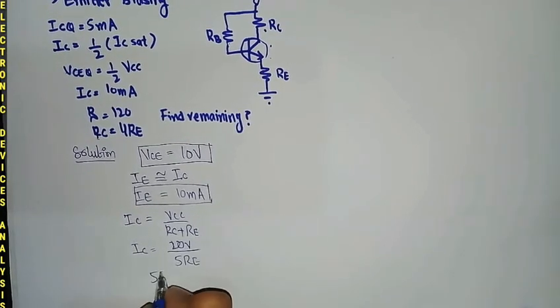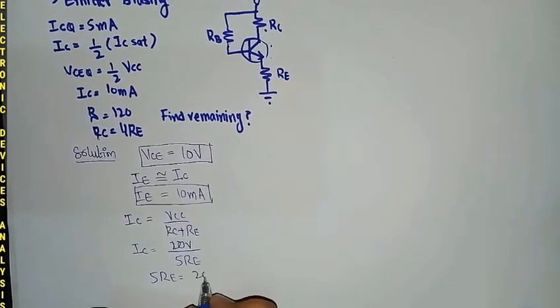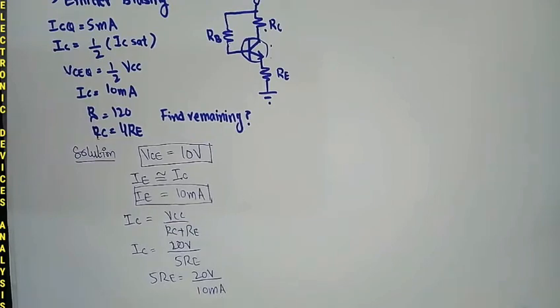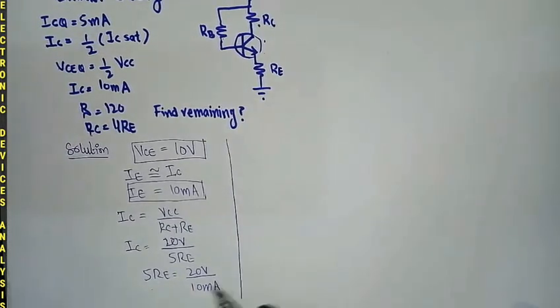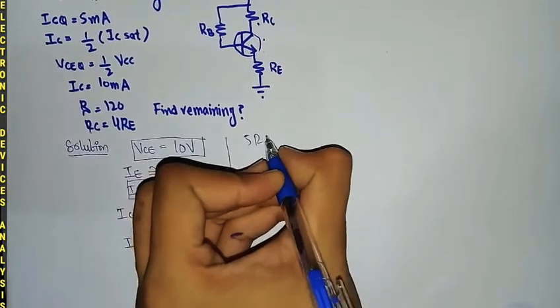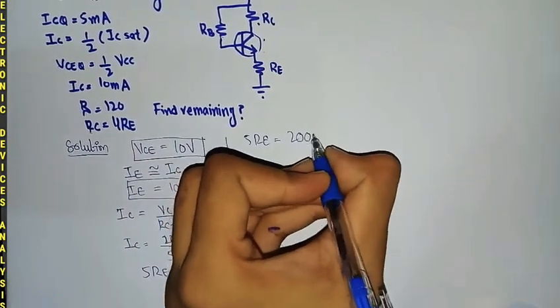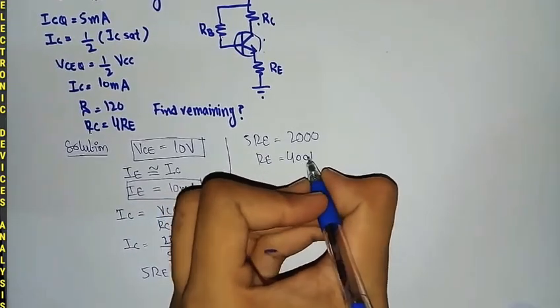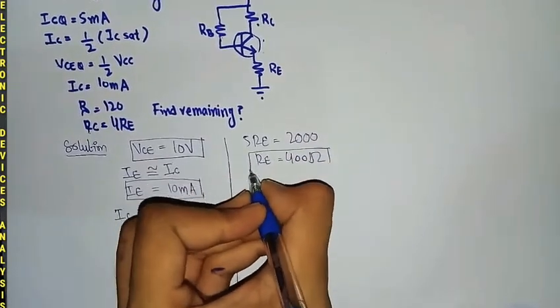So 5 times RE will be equal to 20 volts divided by the value of IC. IC is equal to 10 milliamps. So now 20 over 10 milliamps, 5 times RE will be equal to 2000. So RE will be equal to 2000 over 5, which is 400 ohms.